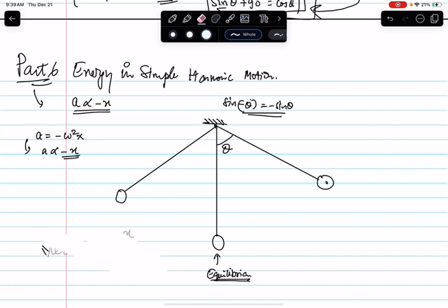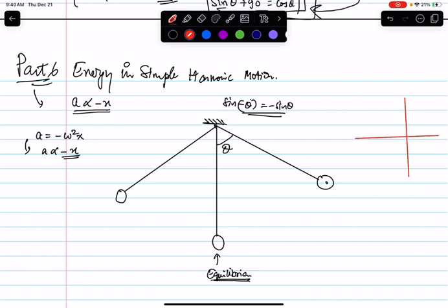So when you have the energy in simple harmonic motion, let's say that we make a plane over here, and in this case, let's say this is x, this is y, this is negative y, and this is negative x, right?